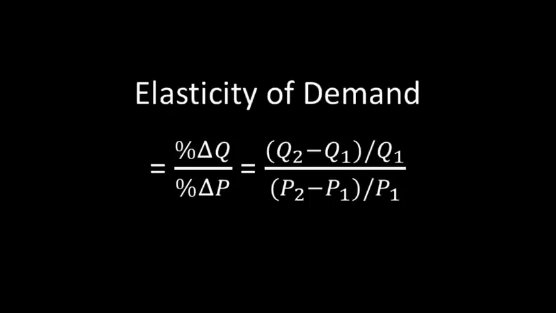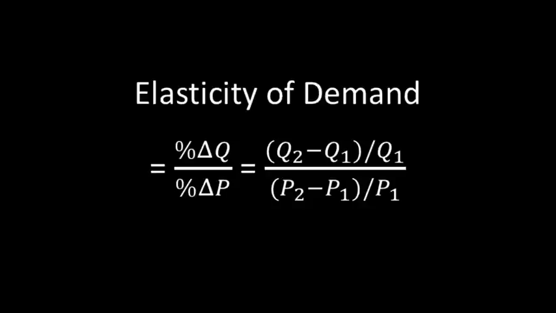If, on the other hand, you decided to use the $10 as the first price and $15 as the second price, then if you move from $10 to $15, that's a 50% increase in the price. And so that's what you would plug into the denominator of the elasticity of demand.